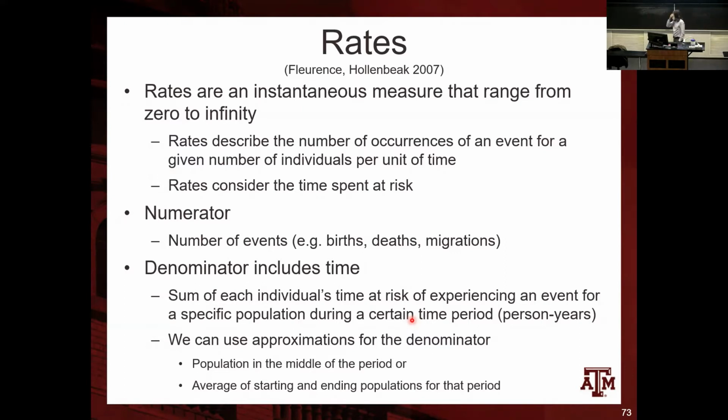And then I get everybody here. Everybody here is alive in January 2022 and is going to be alive at least until December 31st, 2022. Everybody will live the whole year.